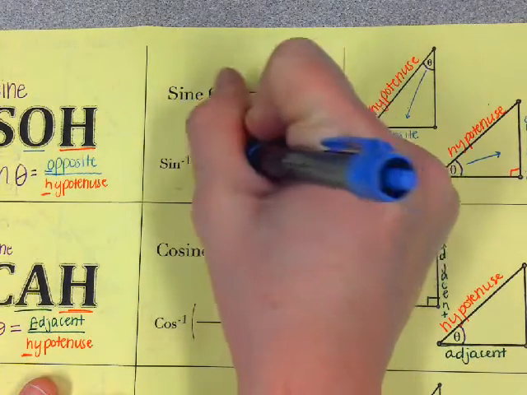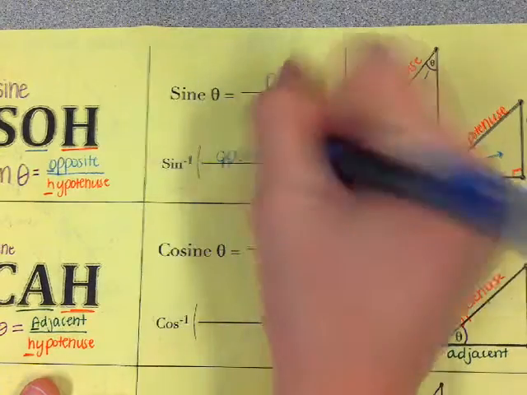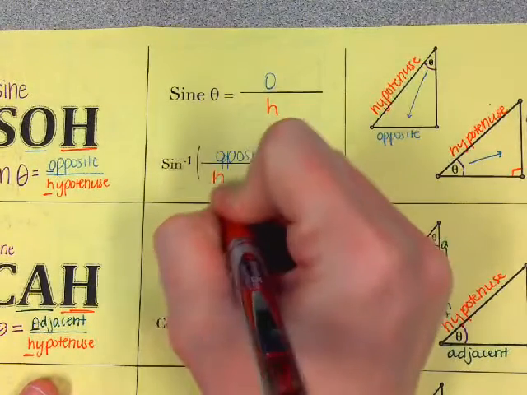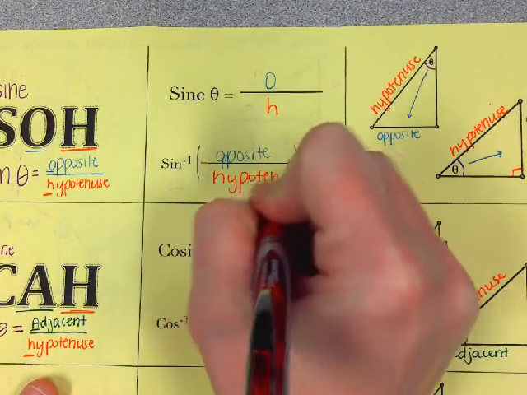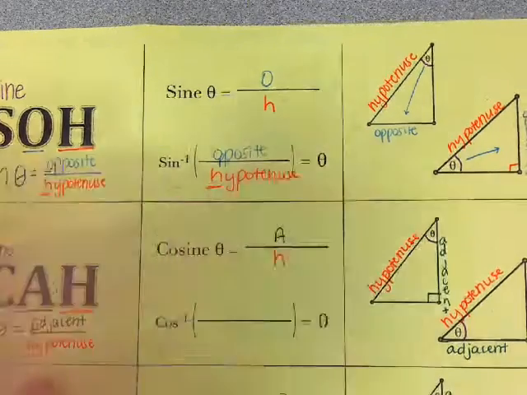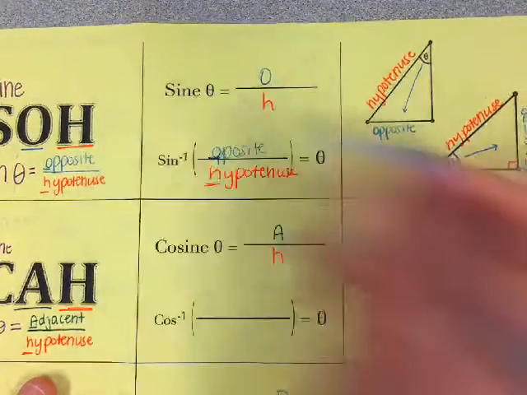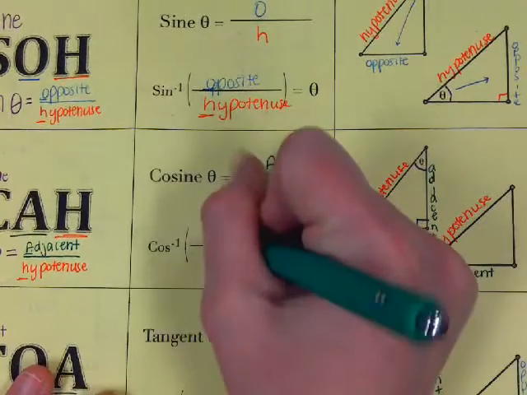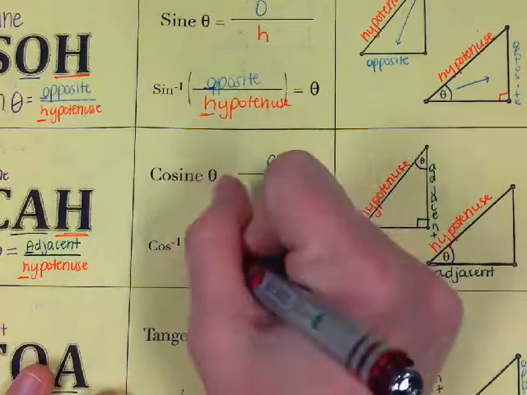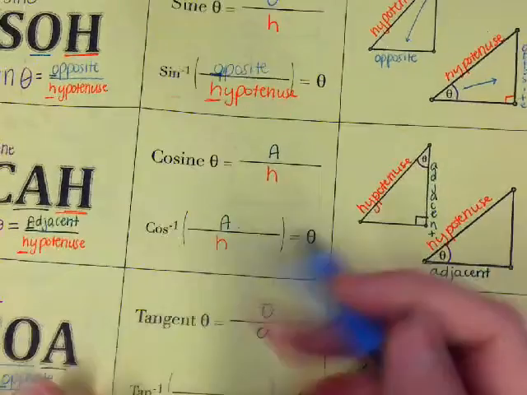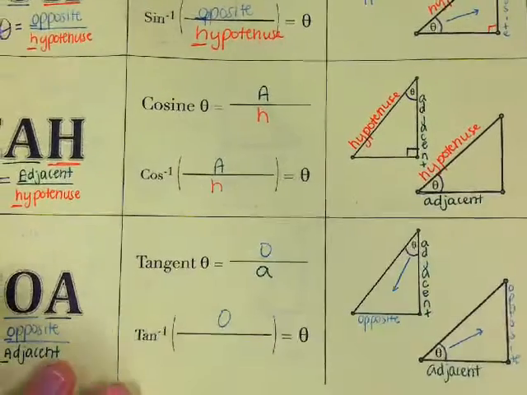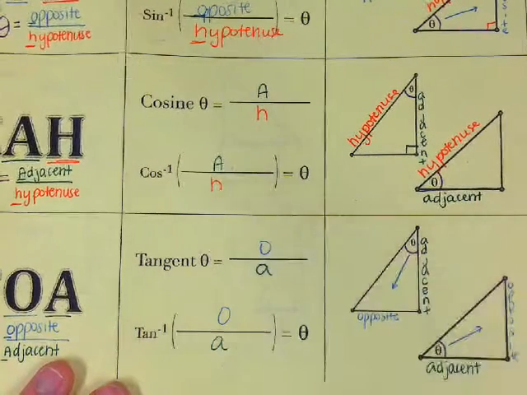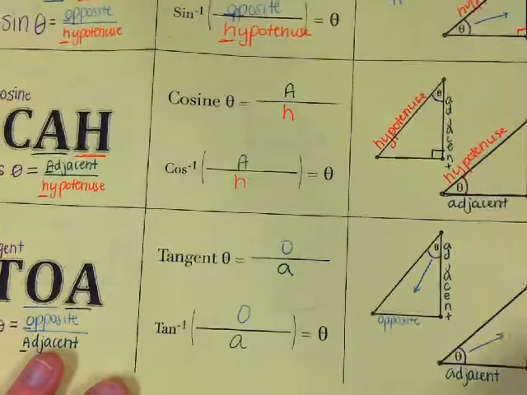It's still opposite over hypotenuse, O over H. This one is still adjacent over hypotenuse, and this one is still opposite over adjacent. So that is how you can find the angle measure.